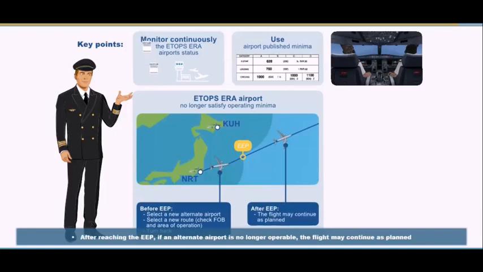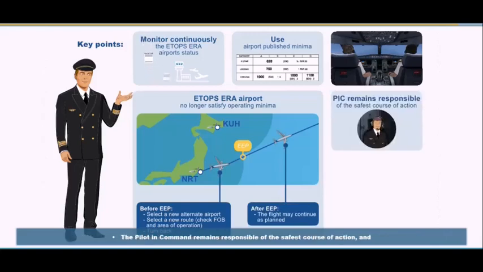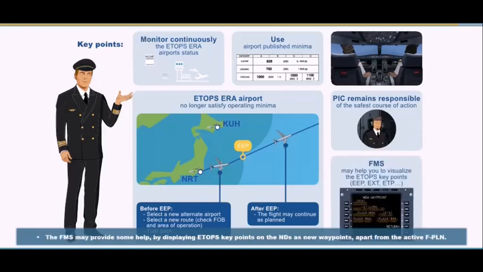After reaching the EEP, if an alternate airport is no longer operable, the flight may continue as planned. The pilot in command remains responsible for the safest course of action, and the FMS may provide some help by displaying ETOPS key points on the navigation displays as new waypoints, apart from the active flight plan.